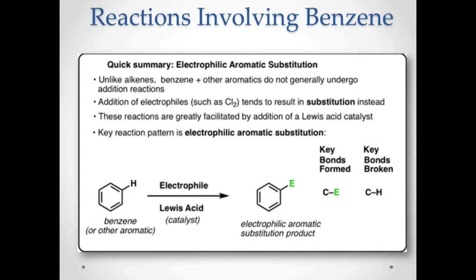Okay, so the reactions involving benzene are governed by what we call electrophilic aromatic substitution, or EAS. Benzene has a very stable structure and attains its chemical stability. However, it's actually rich in electrons because of the electron clouds.